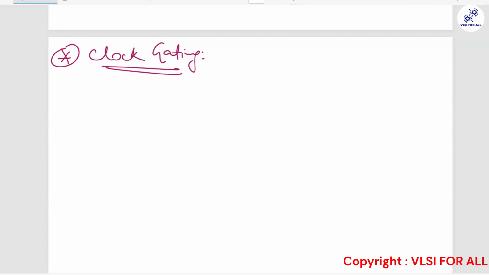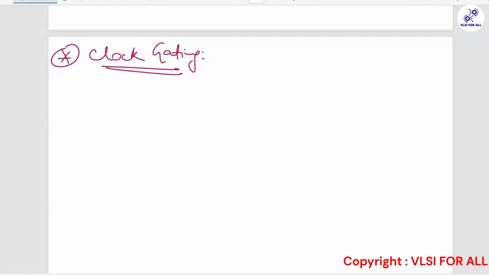So when we apply a clock, it makes transitions, and most of the time those transitions are not necessary, particularly if some part of the circuit is not in use, or its outputs are not used in any such situation.